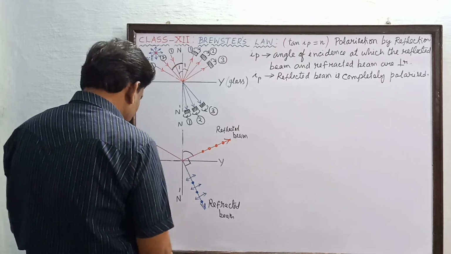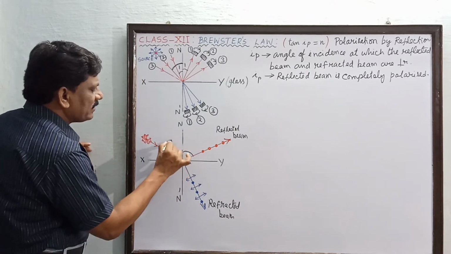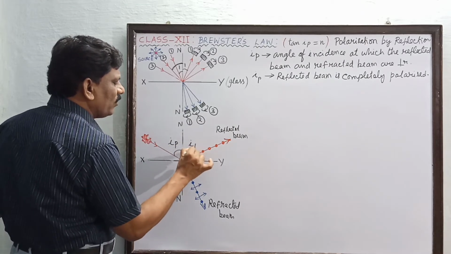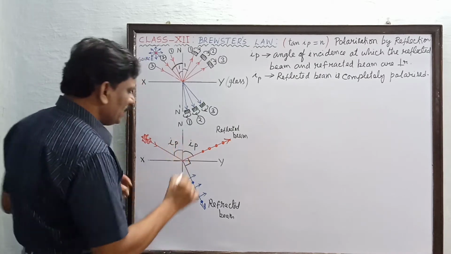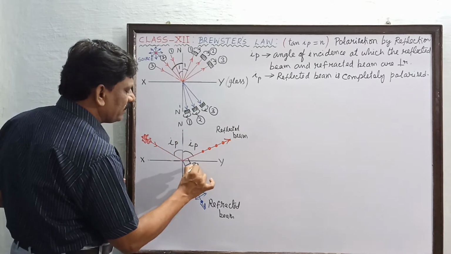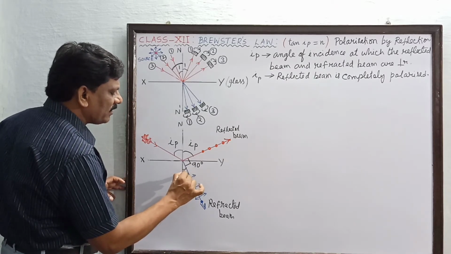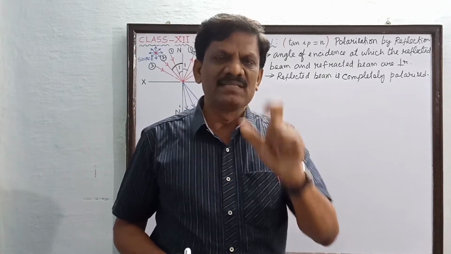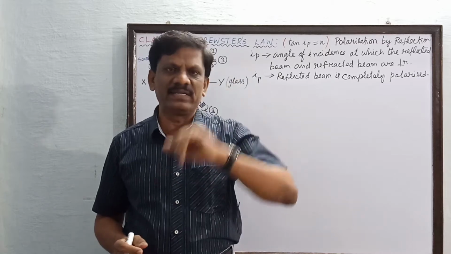Okay, now what is the angle of incidence corresponding to this position, this angle? This is IP, and the angle of reflection is also equal to the angle of incidence. So this angle is also IP, and this is 90 degree. This angle is R suffix P, because this is the angle of refraction corresponding to the polarizing angle.